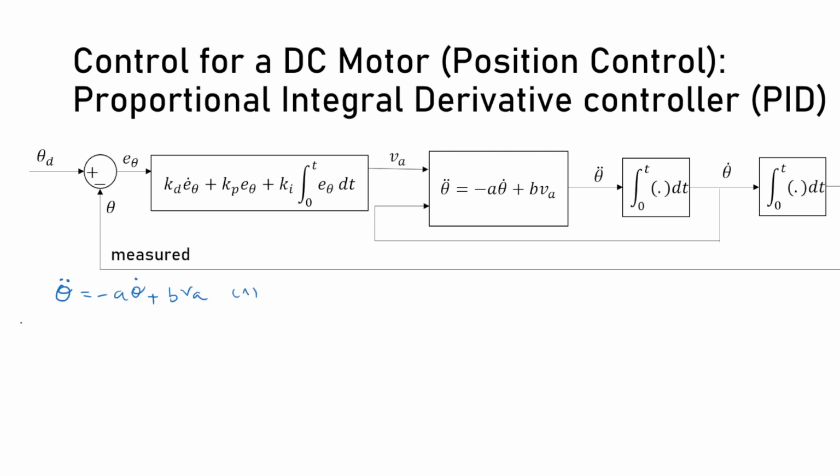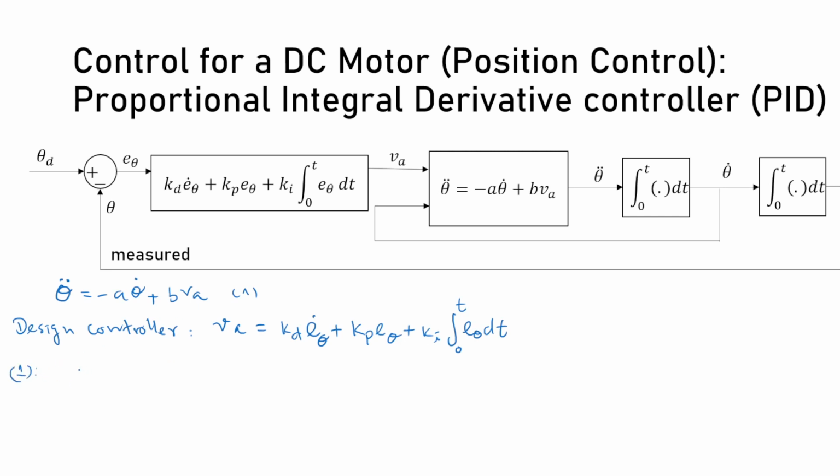Then we design the controller, which means the supplying voltage is calculated like this: kd times e theta dot plus kp times e theta plus ki times the integral from 0 to t of e theta dt, and then substitute this va into equation 1.